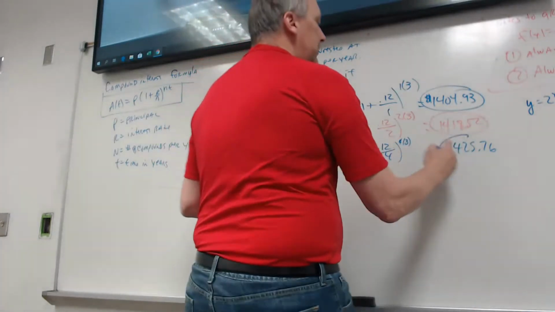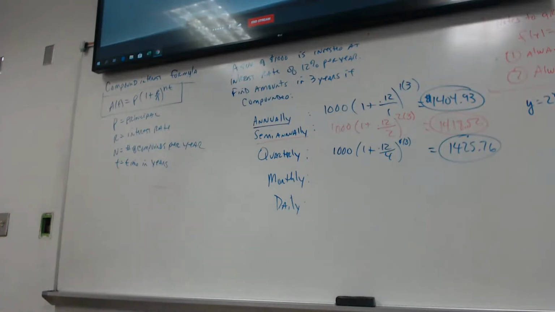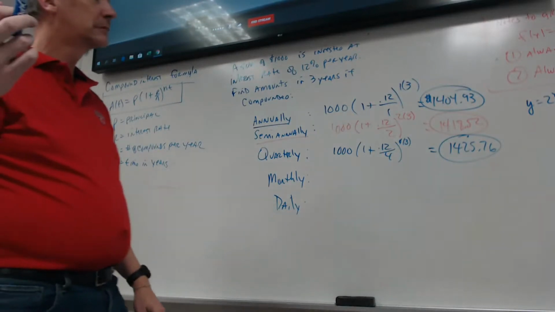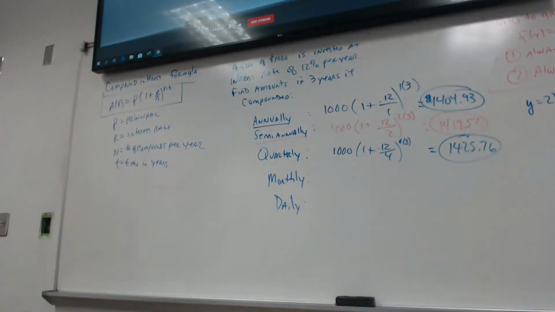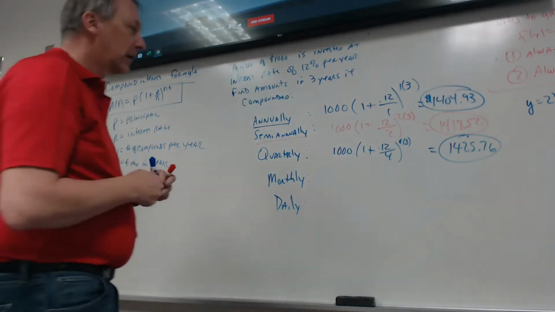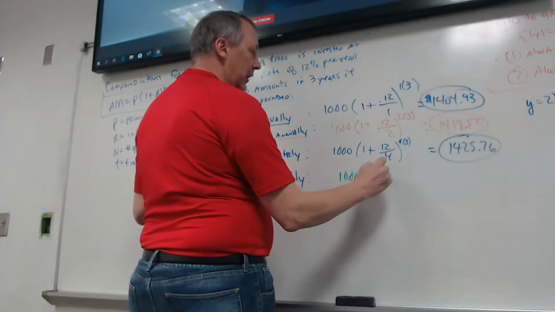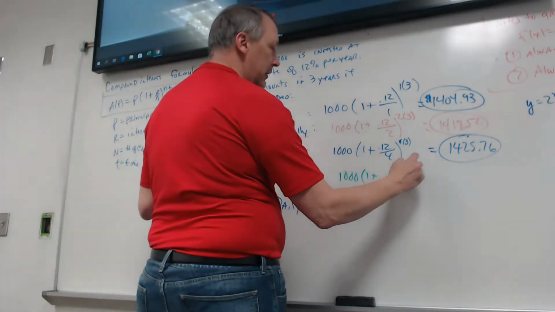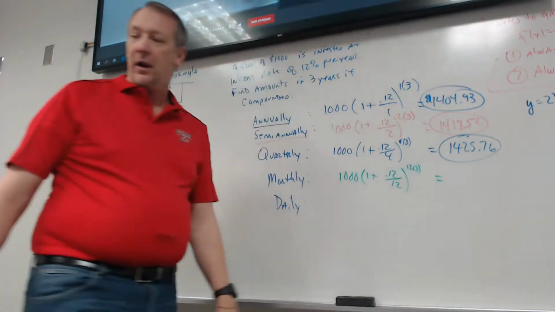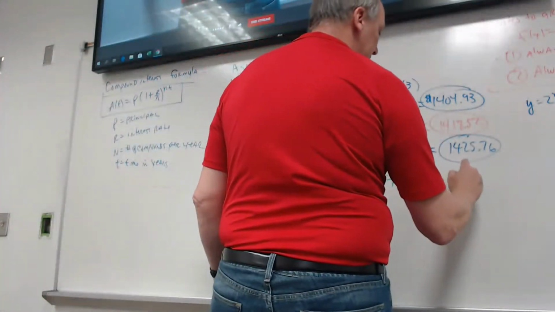So the difference between those two numbers is approximately how much? About $7, okay? And then monthly, Connor, can you help me do that? Would it just be 12? Yep, so 1,000, parentheses 1 plus 0.12 over 12, parentheses 12 times 3. Okay? And that should work out to be 1430.77.